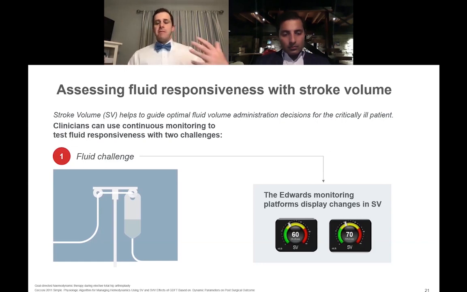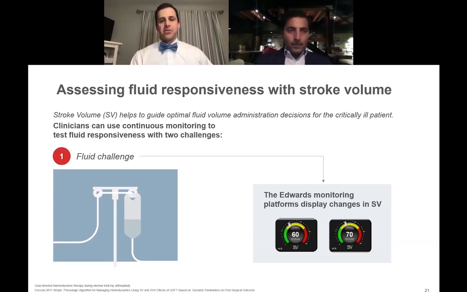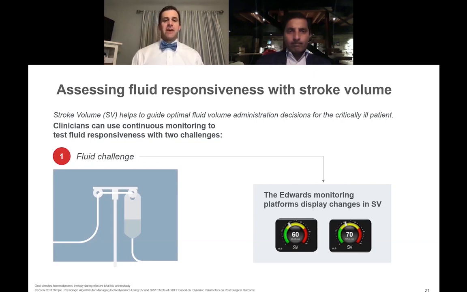But really, I think most of us are still going to begin with some sort of fluid challenge for the patient who is hypotensive or who is not having the markers of perfusion that we would hope to see. And the reality is most patients, as they come off pump or come out of a cardiac surgery, are going to be a little bit dry, intravascularly on the dry side.